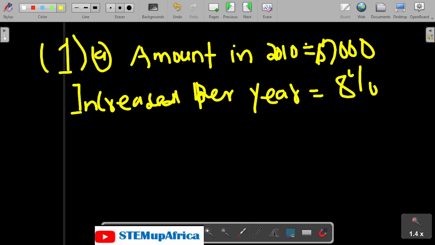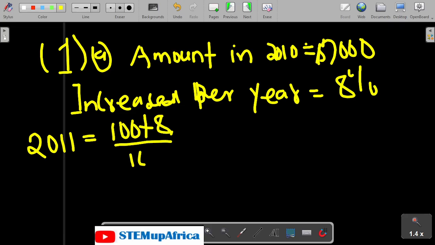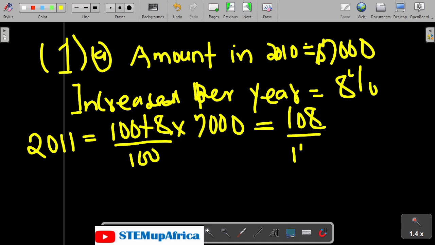So let's get the amount in 2011. So in 2011, what are we having? It will be 100 plus 8 over 100, which is the increment now, times $7,000, which is 108 over 100 times $7,000.